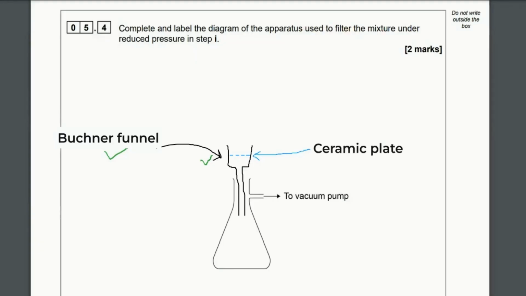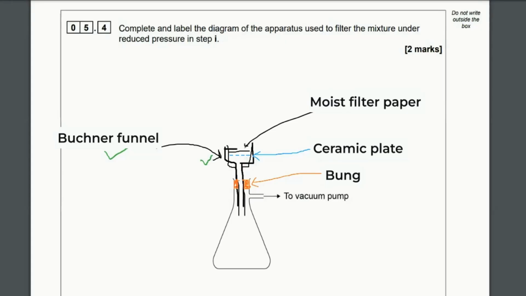A Buchner funnel naturally has a ceramic plate in it, but you also place moist filter paper in there as well, and then your solid is going to go on top of the moist filter paper. So to get these marks, you need to have labeled the Buchner funnel, the moist filter paper, and put some sort of bung into the end of the conical flask. And that's really all you need.